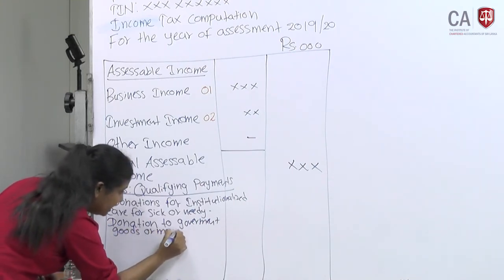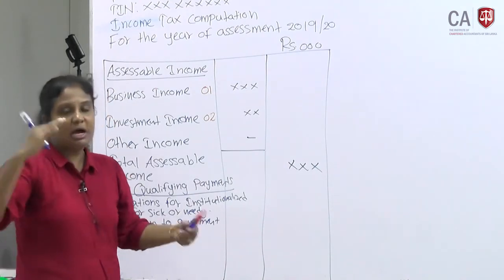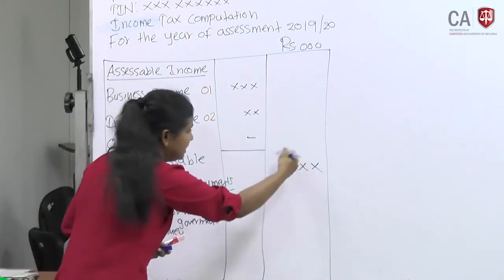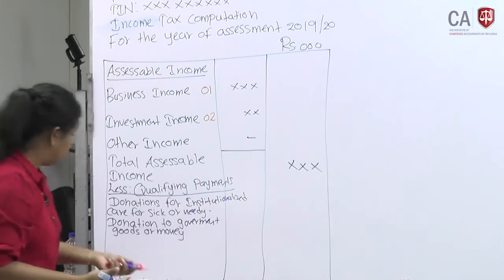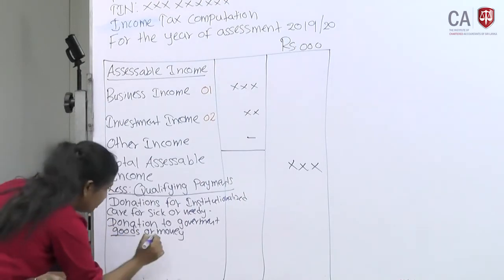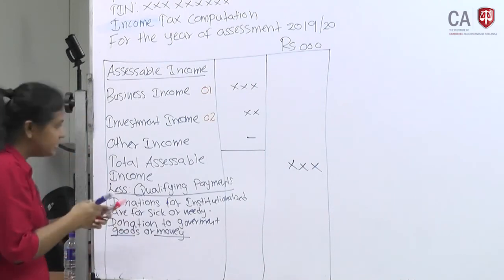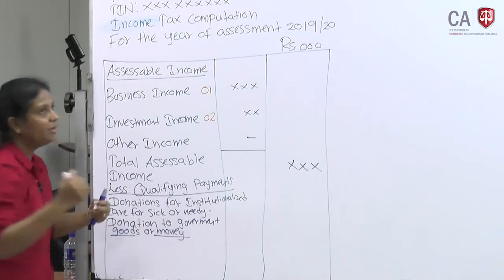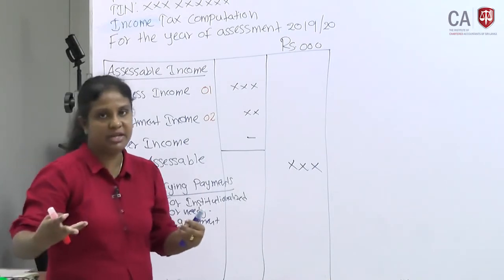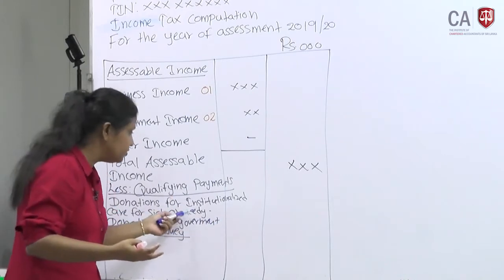Donation to government may be in goods or money. Donation to government in goods or money, up to the level of total assessable income, you can claim. No limit. Then, for institutionalized care for the sick or needy, maybe the company has donated money to an elders' home.